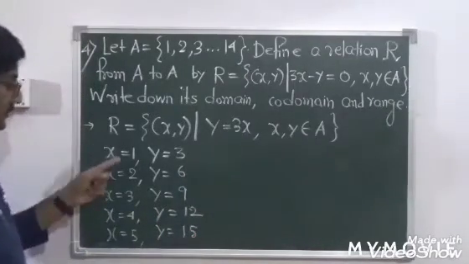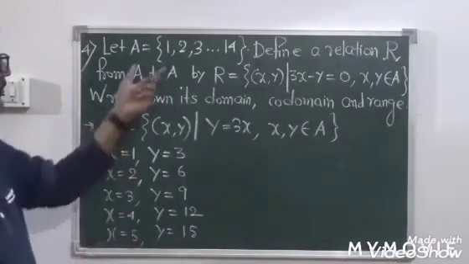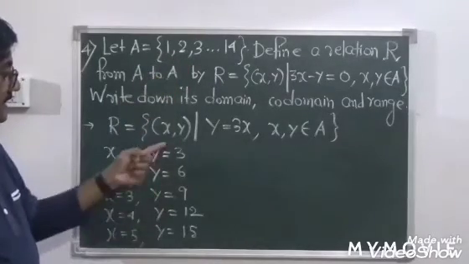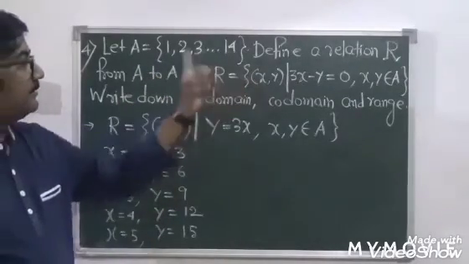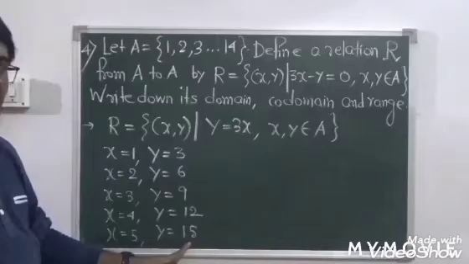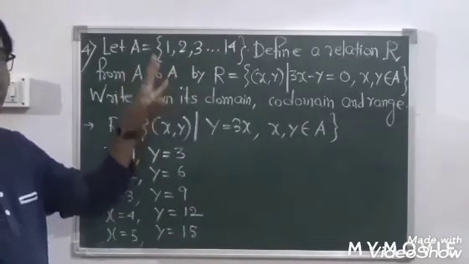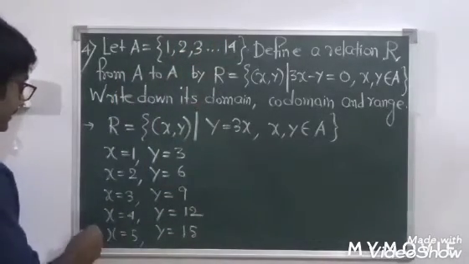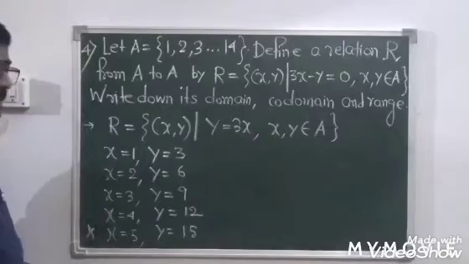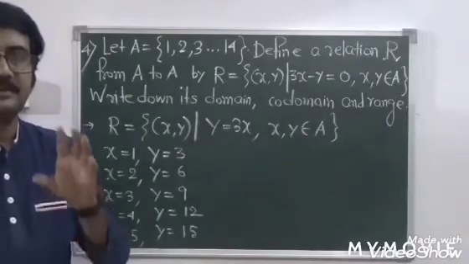But you can see 1, 2, 3, 4, 5 are all included within this set A. 3, 6, 9, 12 are available in set A, but 15 is not present, not an element of set A. So this particular ordered pair will not be a part of the relation.